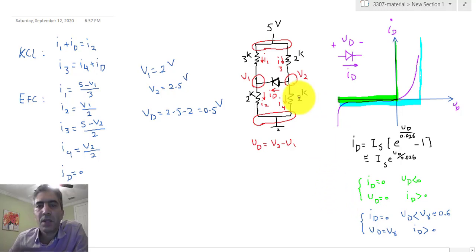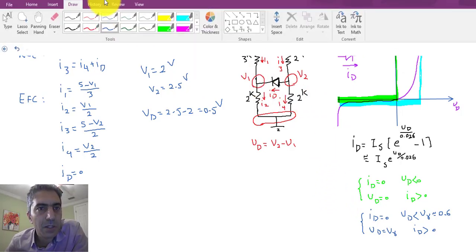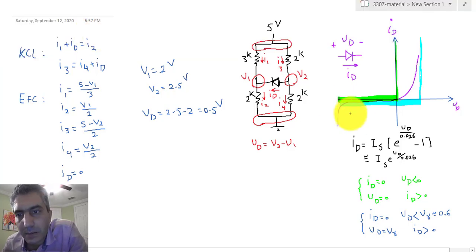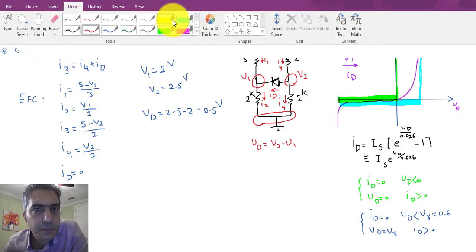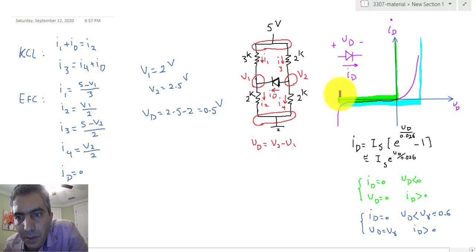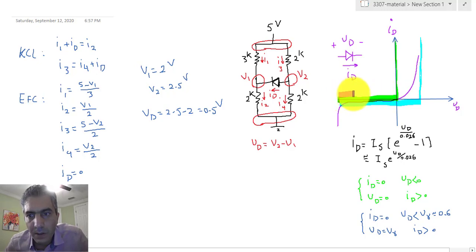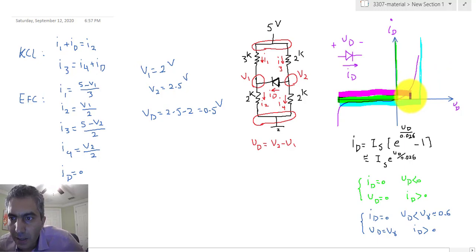Now, finally, I'm going to talk about the last kind of approximation, which is the most accurate. I don't have a good option as for the color, so I'm just going to stick to this one. This time we're going to assume that the current is 0 for all the negative values. It reaches here and then it turns into a different line with a certain angle.